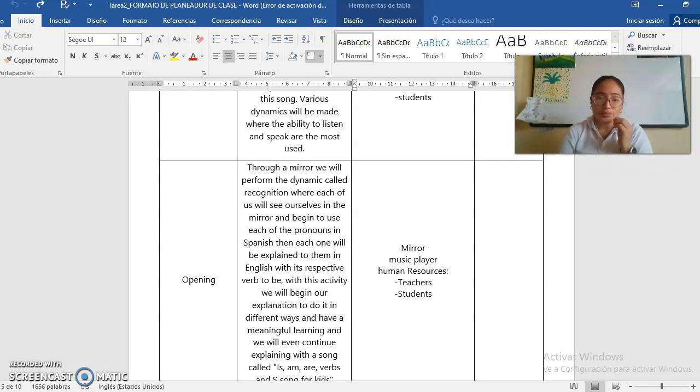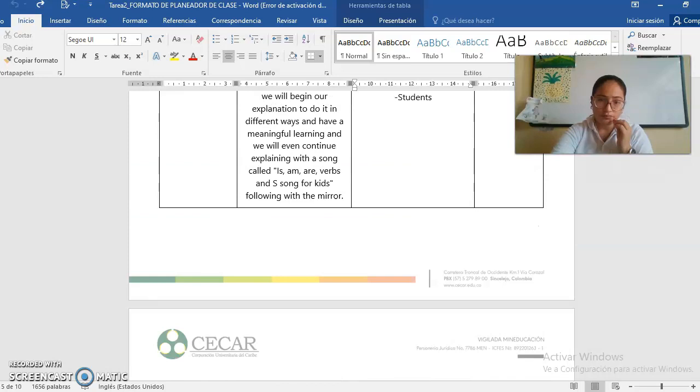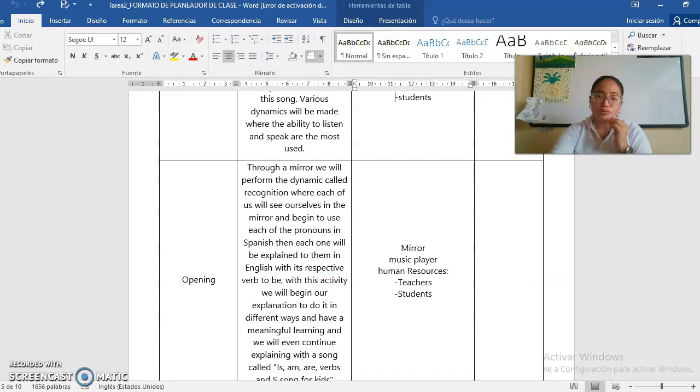With this activity, we will begin the explanation in different ways to have meaningful learning, and we will continue to explain with a song for kids. Resources: mirror, human resource, teacher and students.